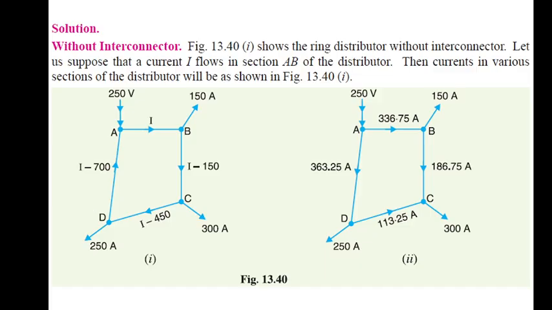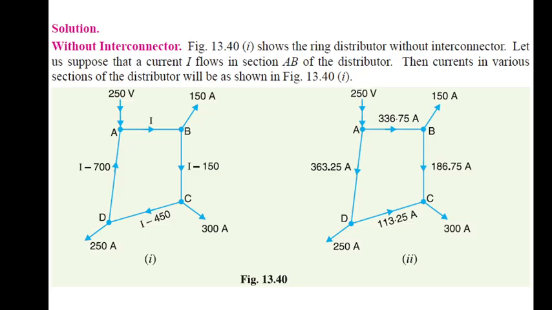Initially, an unknown current I is assumed to flow in section AB. This is just an initial assumption, so finally we can check whether this direction is correct or not.